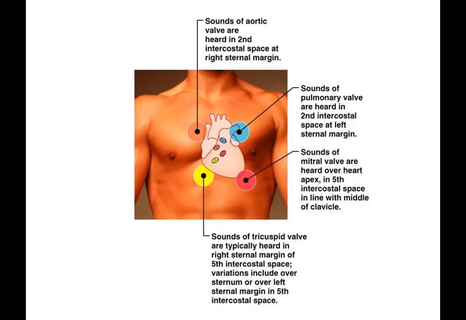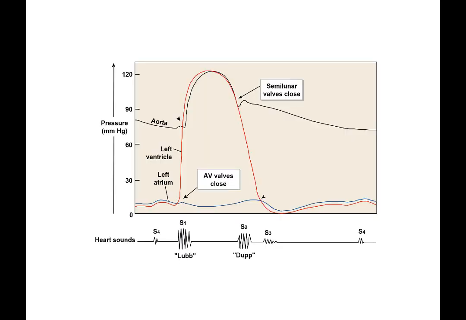Here we can see towards the apex, you can more clearly hear the mitral valve without interference from the other valves. And likewise, on this side, you can hear the tricuspid valve without interference of the others. So even though the stethoscope placement is not anatomically correct, it makes it more acoustically ideal to hear specific valves.